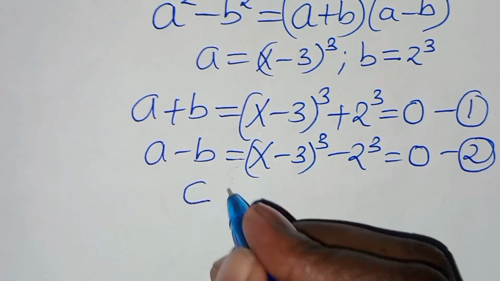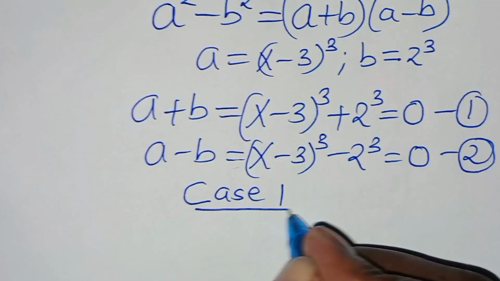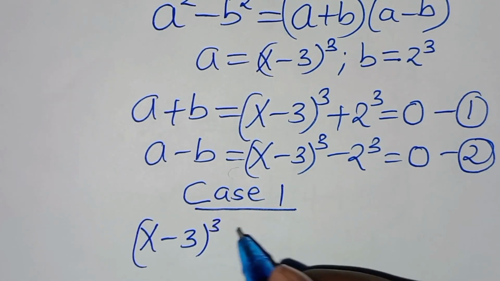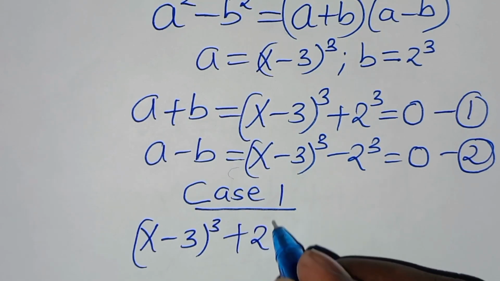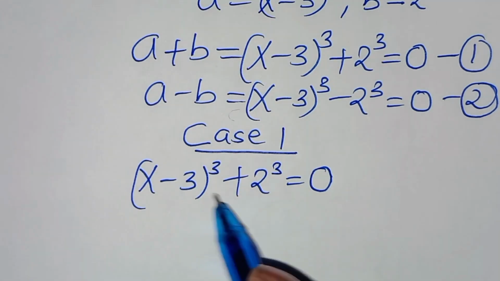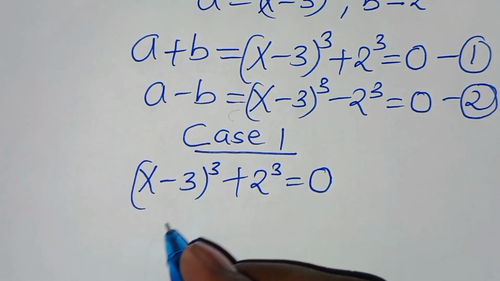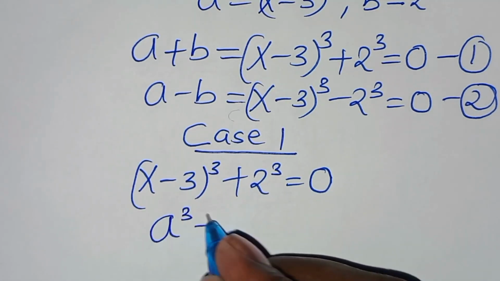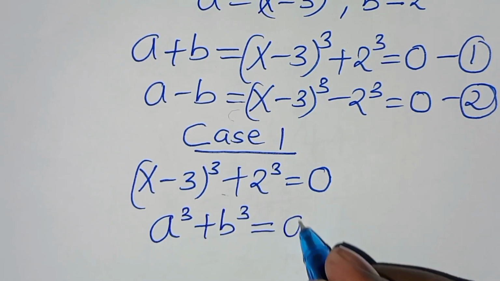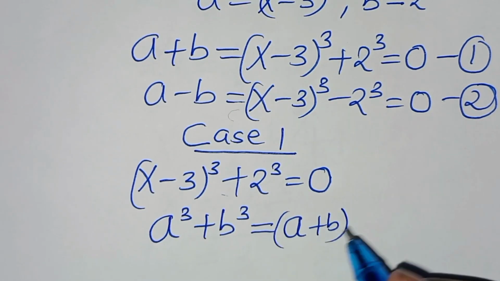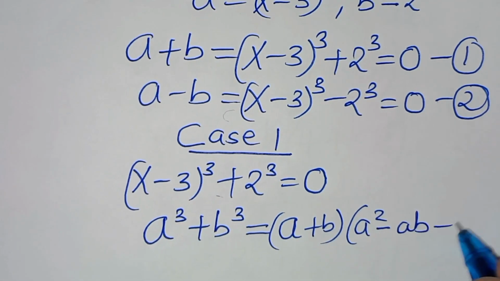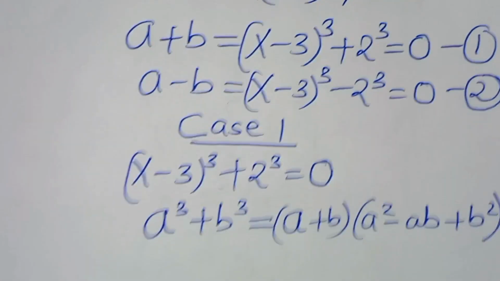So let's start with case 1 here. Case 1, we have (x - 3)^3 + 2^3 = 0. Now, this is in the form of a^3 + b^3, which is the sum of two cubes, which we can express as (a + b)(a^2 - ab + b^2).